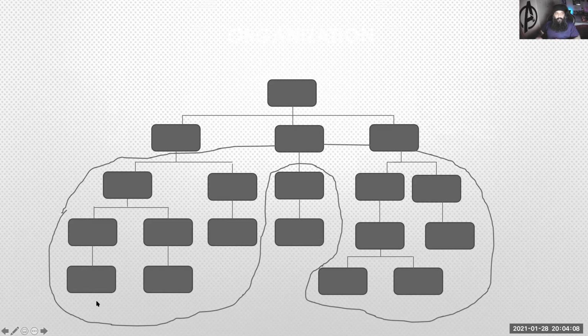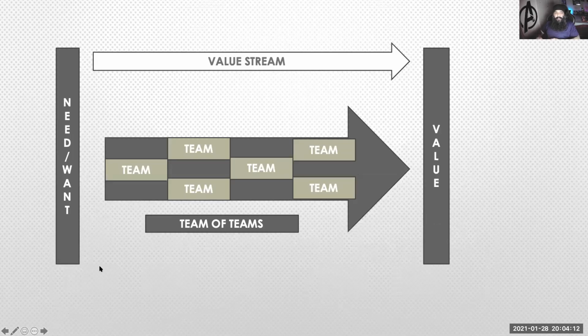So this is what we were trying to visualize earlier. There is a trigger, or a need or a want from the customer which needs to be met. If the customer wants to buy a car, delivering the car to the customer is what we are going to talk about, the value stream. In this value stream, you would need multiple teams working together so that the value gets created.